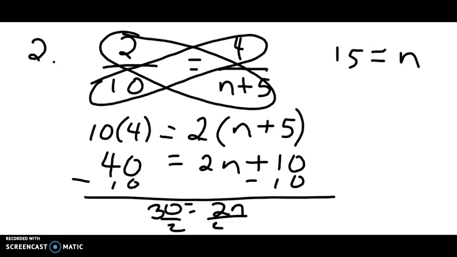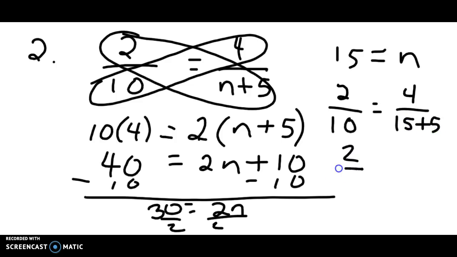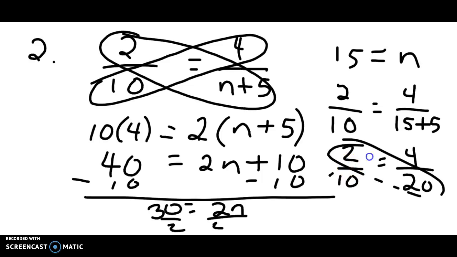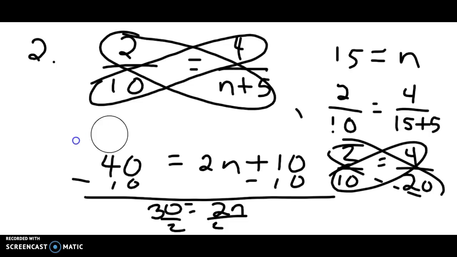Again, you can substitute that in, so let's write it. 2 over 10 equals 4 over 20. And notice if you cross multiply, you get 40, and you get 40. Now this one, if you wanted to put it in your calculator, let me erase this here.